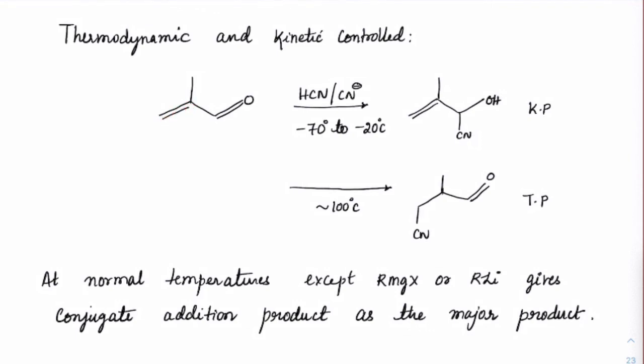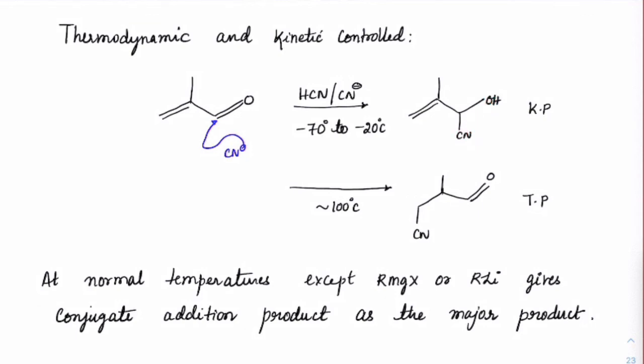If you treat it with a strong nucleophile like CN minus, operating at a very low temperature, the addition would always be 1,2. Which means CN minus will directly attack here and O minus will form, that O minus will take H plus and you will get cyanohydrin formation.